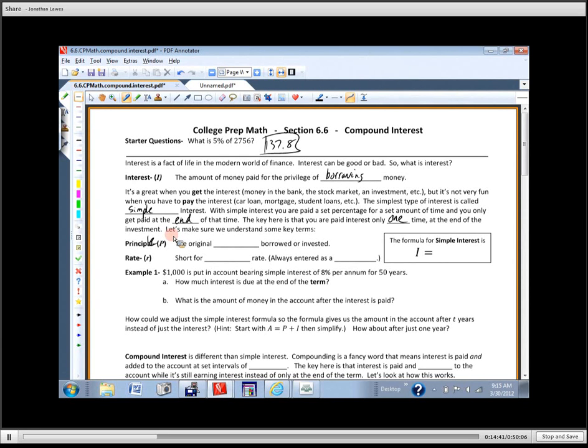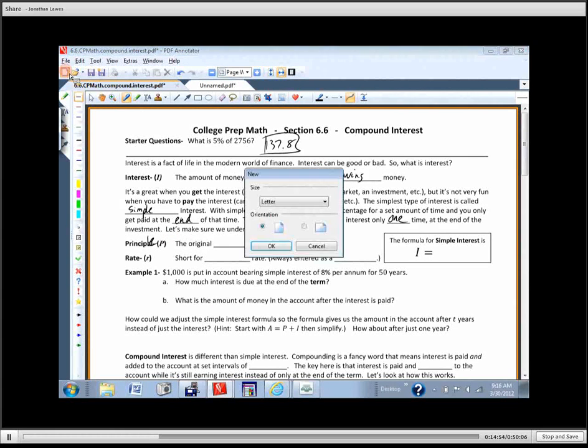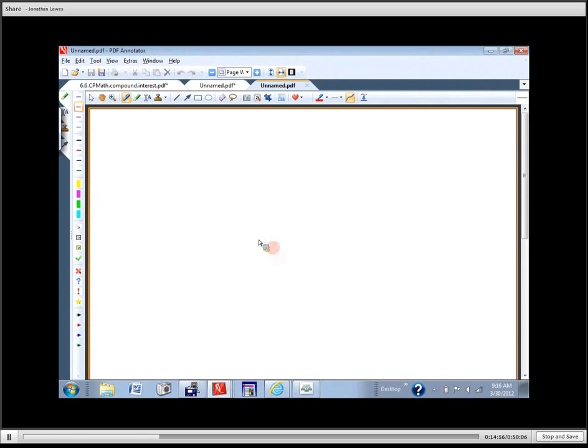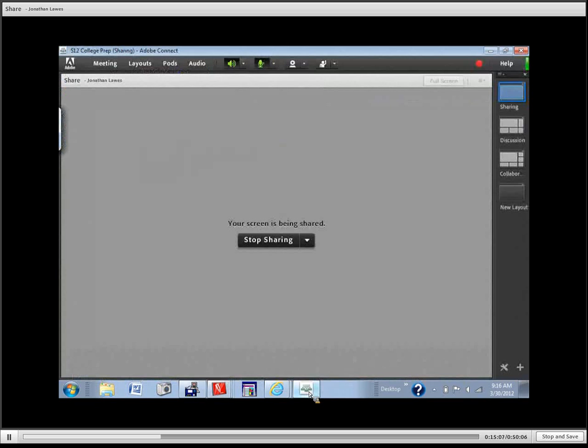Jonathan, would you take a minute and just explain to them what technology you're using? Sure. So this program is called PDF Annotator, and I can pull up a blank screen and just start writing on it, whatever you want, forgive my penmanship. I can pull that up, and at the same time, this is being recorded.